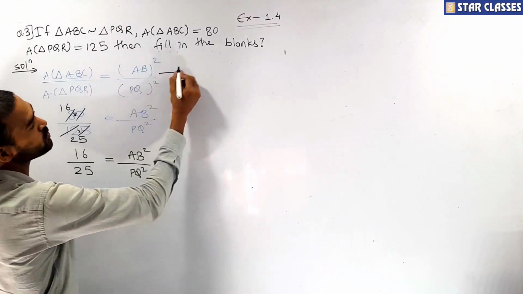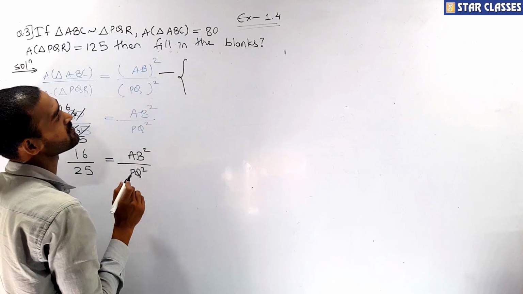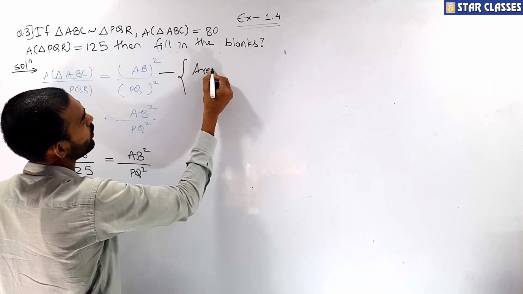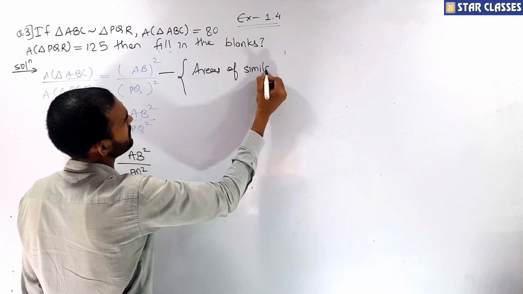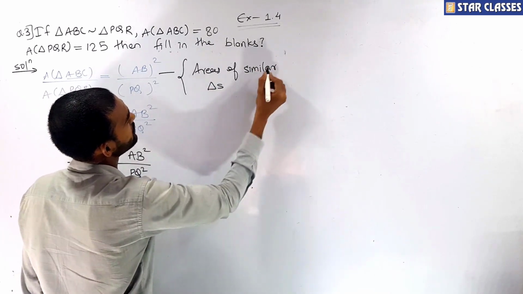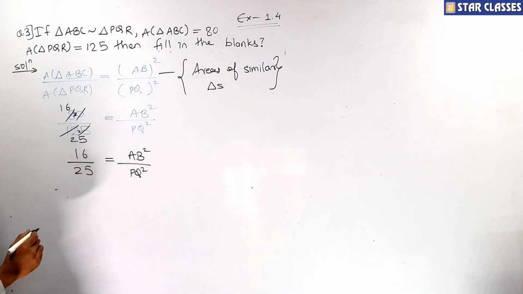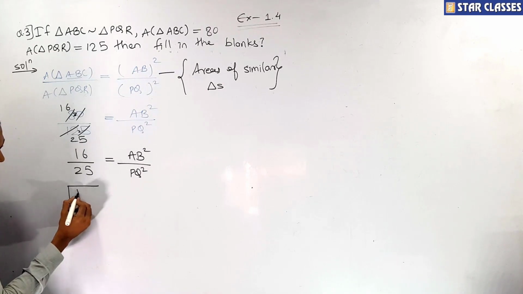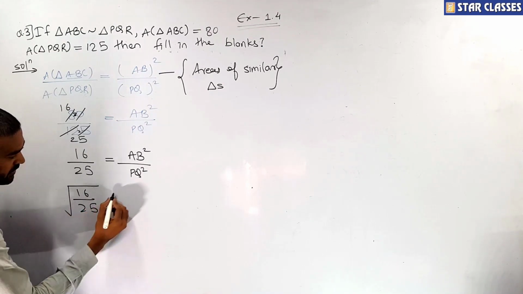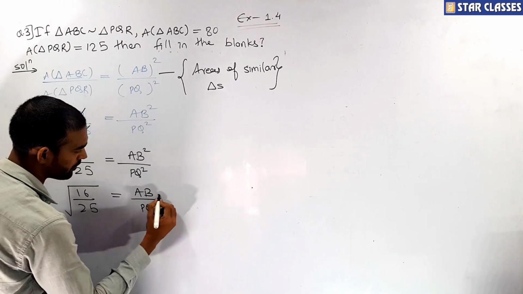Which property have we used here? Which theorem is it? Areas of similar triangles. Dear students, now what will we do? We will take the square root. So if I take the square root, what will we get? We will get 16 upon 25, and here we'll be left with AB upon PQ.